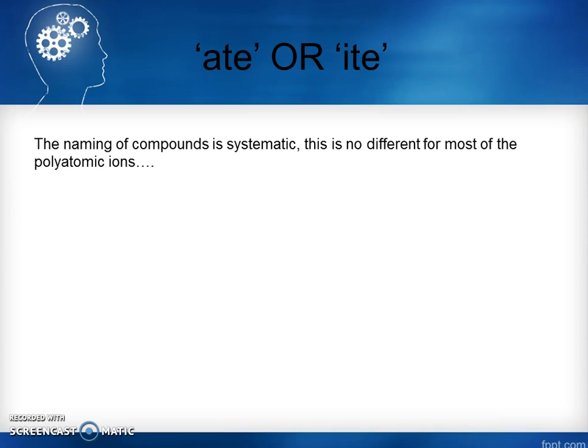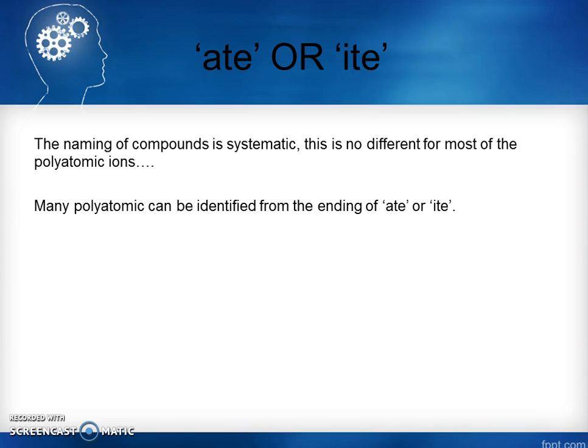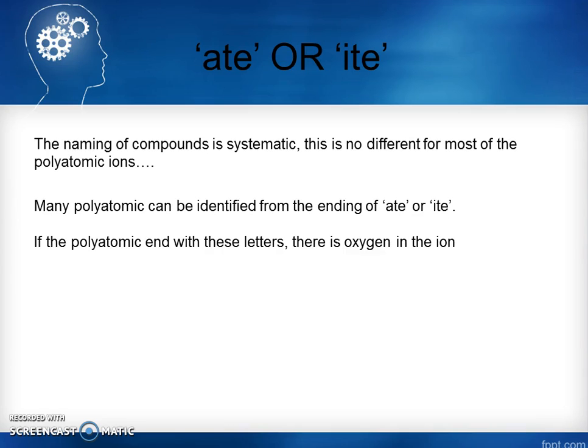The naming of compounds is systematic. That comes from the IUPAC. This is no different from most of the polyatomic ions. Many polyatomics can be identified from the ending of -ate or -ite. If the polyatomic ends with these letters, there is an oxygen in the ion.